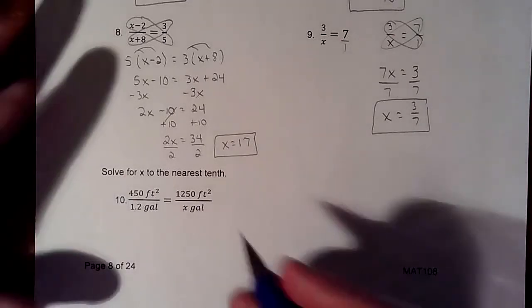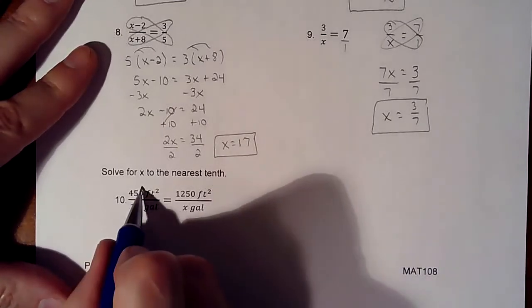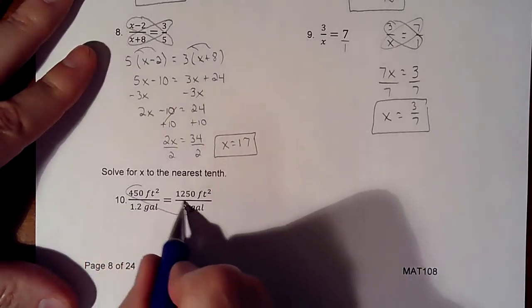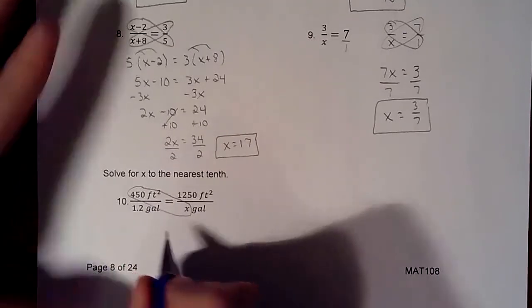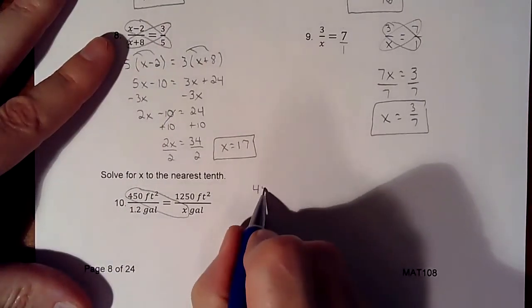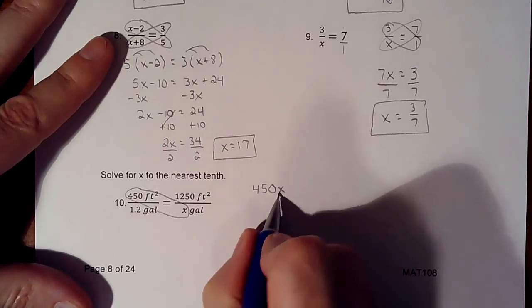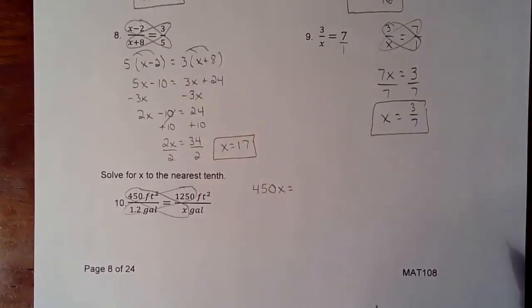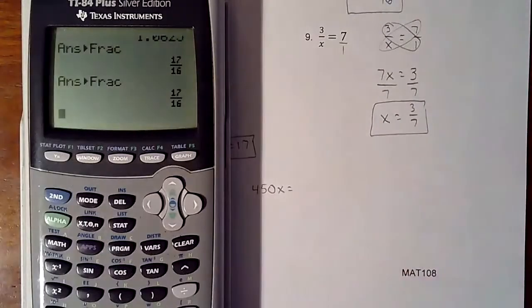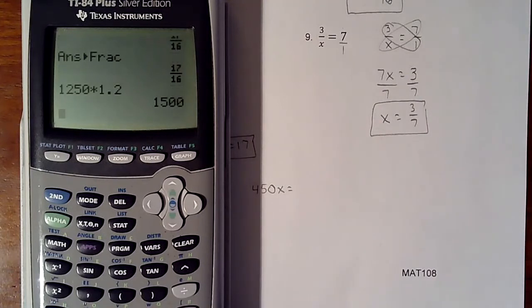Well, we can set it up as a proportion, which they've already done, and we'll solve away. So we'll cross multiply. x times 450 is 450x. And then 1250 times 1.2 is 1,500.